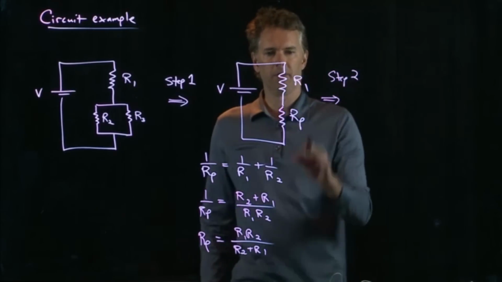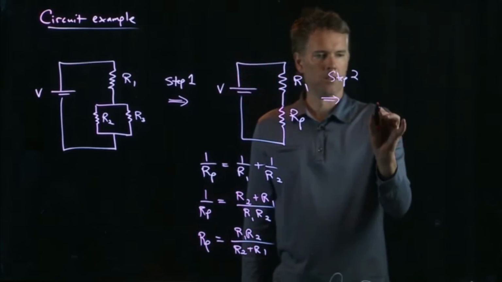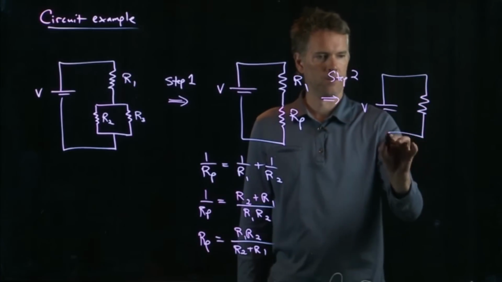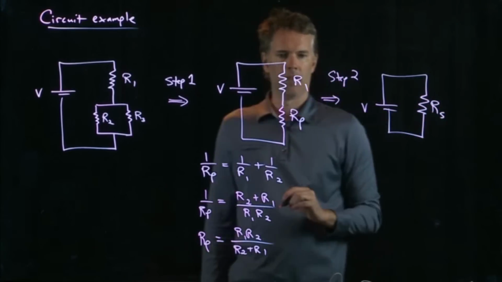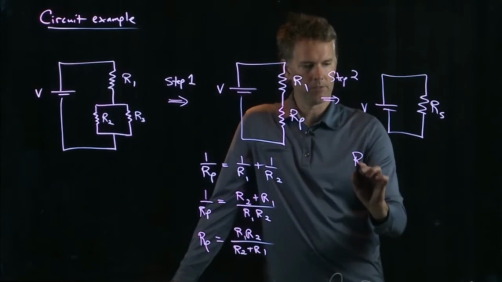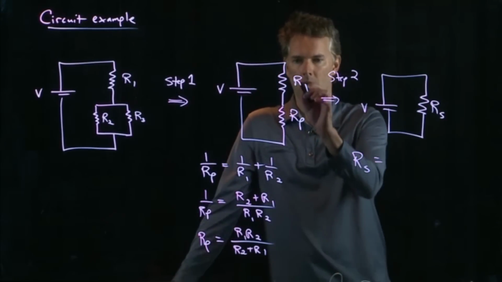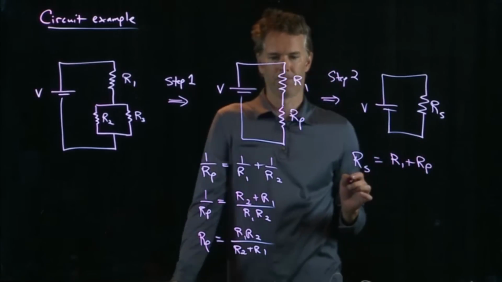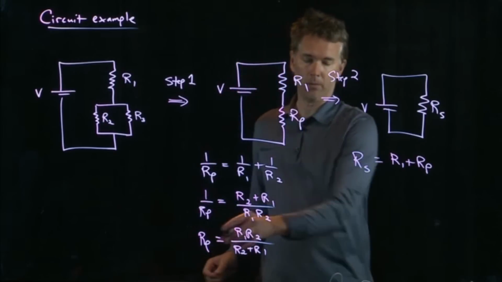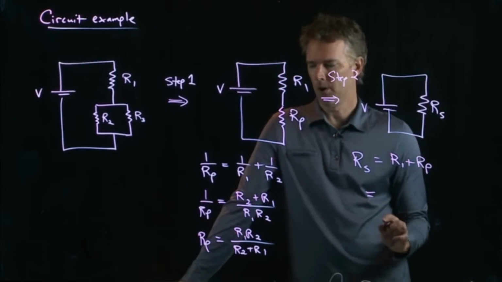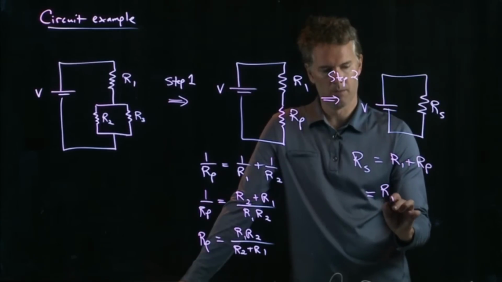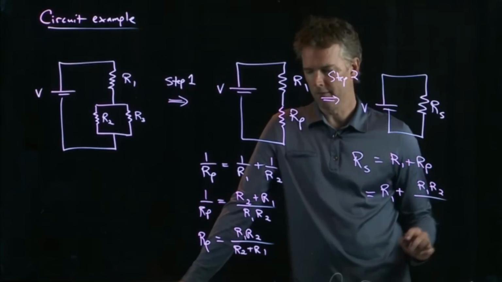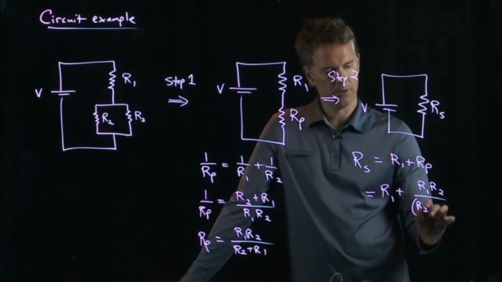Step 2 is now we get rid of the series. And we know how to do that. RS, where RS is equal to R1 plus RP. And look, we now know what RP is. So RS is equal to R1 plus R1, R2 divided by R2 plus R1.